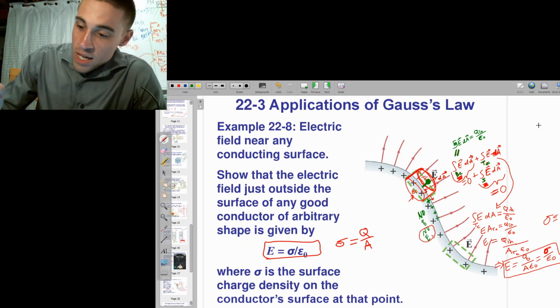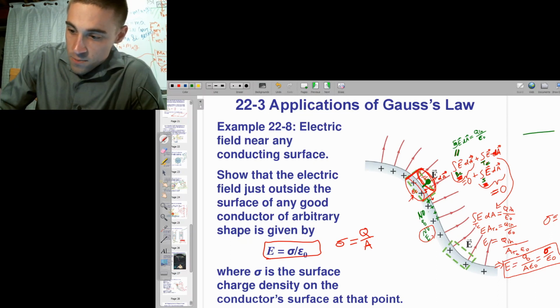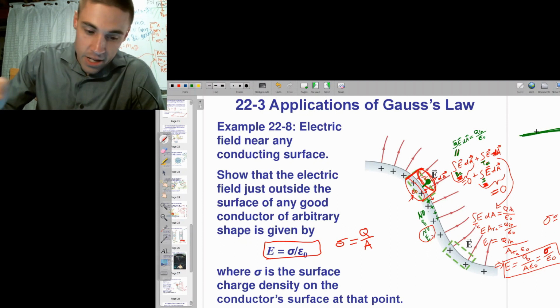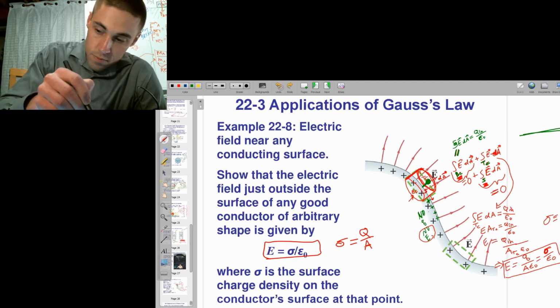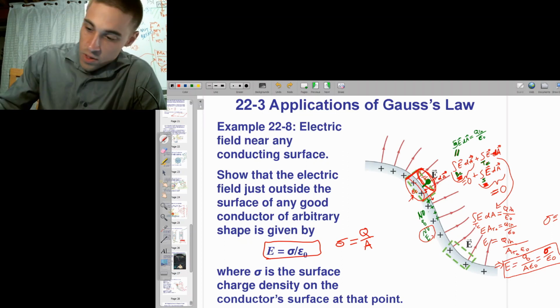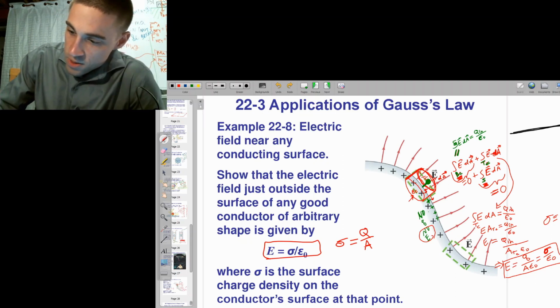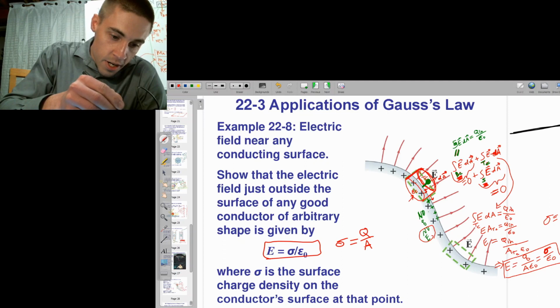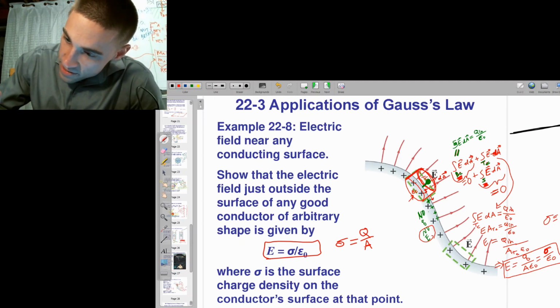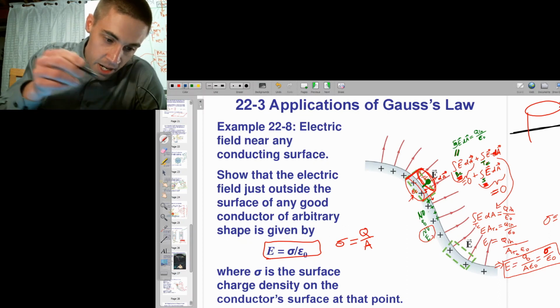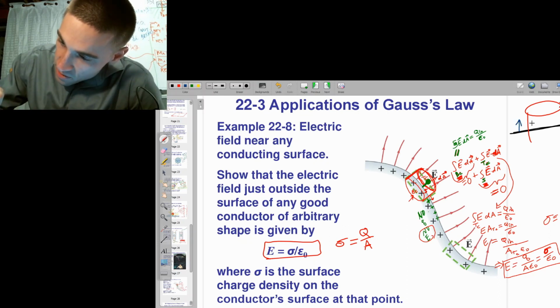So if I zoom in on the side here, right, here's my conductive surface. I'm going to zoom in on the sides. The electric field emanating out from a conductive surface is always perpendicular to the side, right?